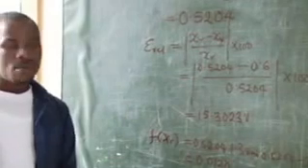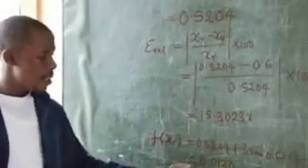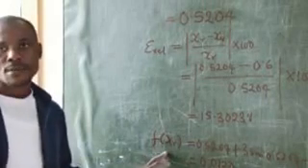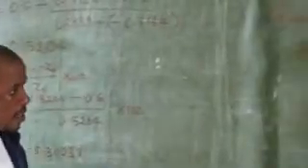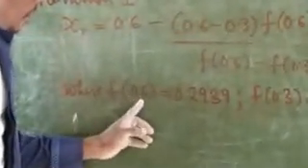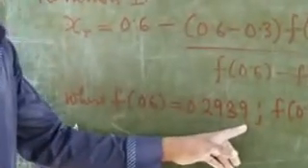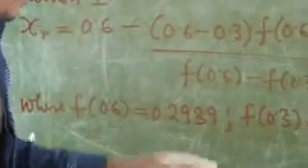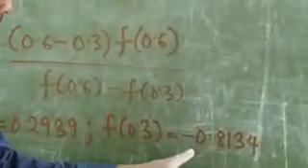Any one that has the same sign as f of xr should automatically take the new value for x. What do we mean? In our first instance, you will see here that f of xu, which is f of 0.6, is 0.2939. Take note, while f of 0.3 is negative. Take note of this negative.